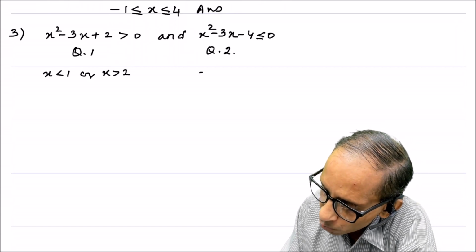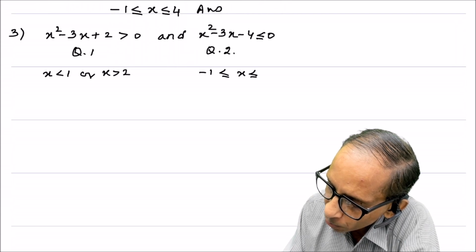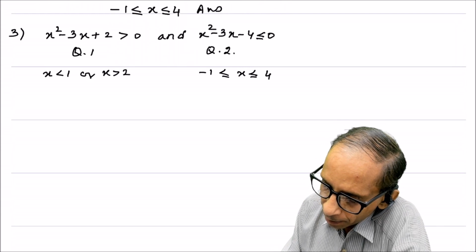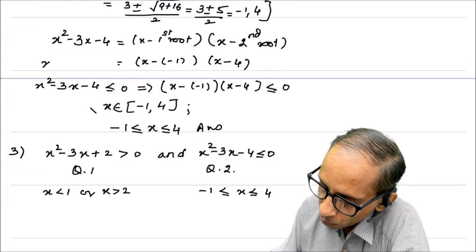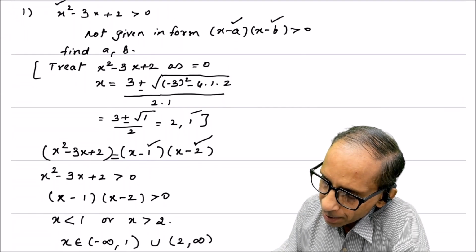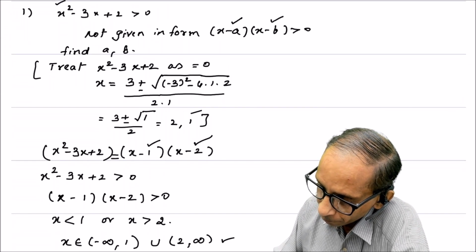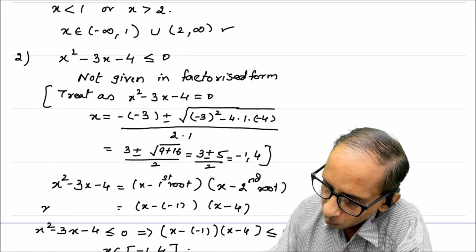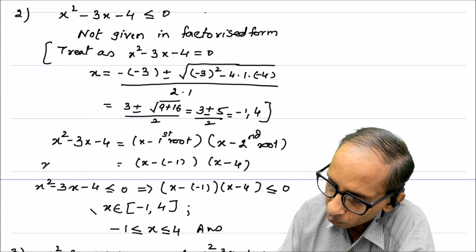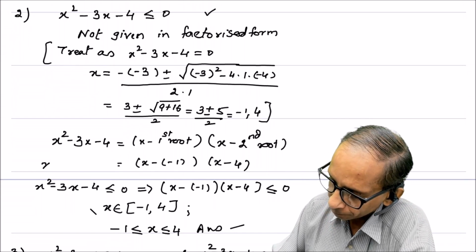And this had the solution minus 1 less than or equal to x less than or equal to 4. One may check up the first one. It was actually x square minus 3x plus 2 greater than 0. And this was the solution. And the second one was x square minus 3x minus 4 less than or equal to 0. And this was the solution.